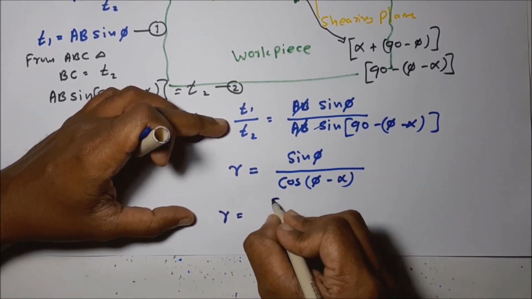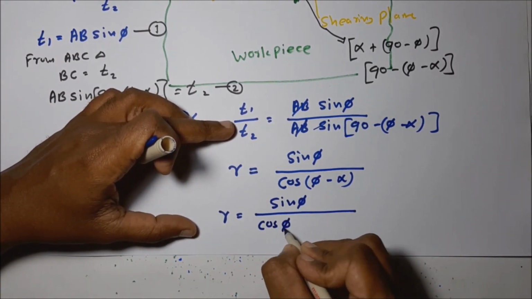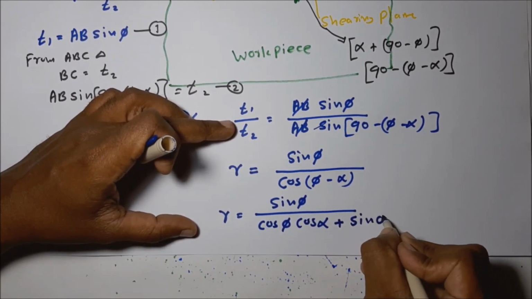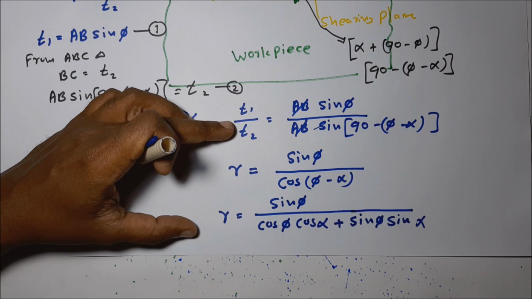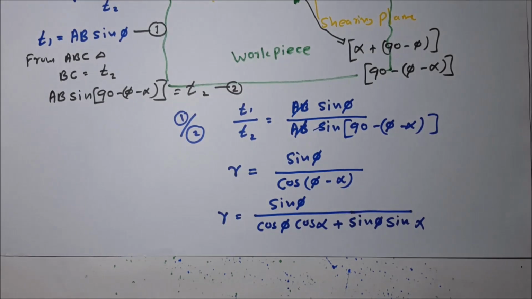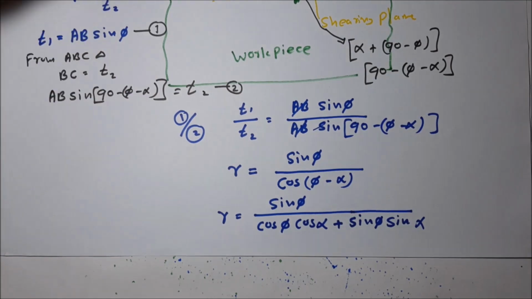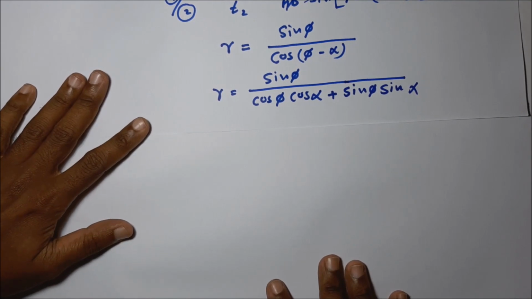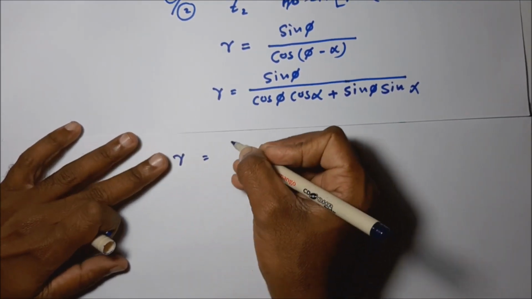So I am going to expand this. r is equal to sine phi divided by cos phi cos alpha plus sine phi sin alpha. Both the numerator and denominator I am going to divide by cos phi.